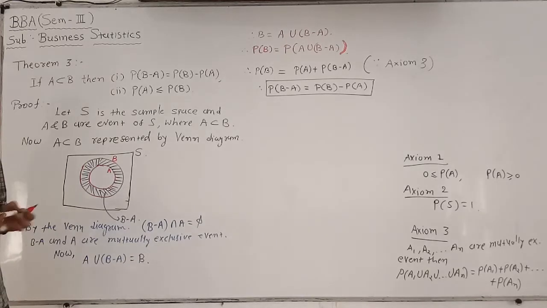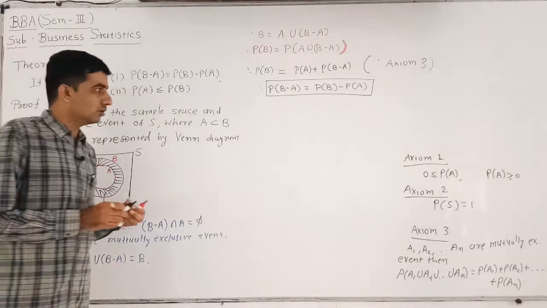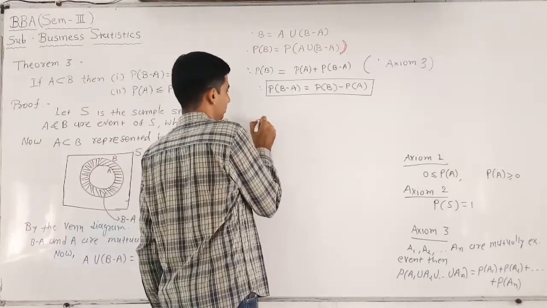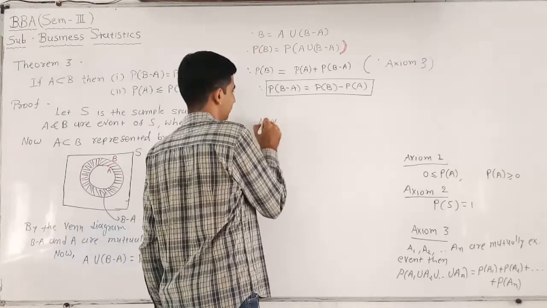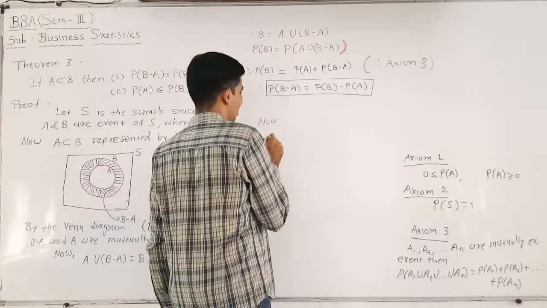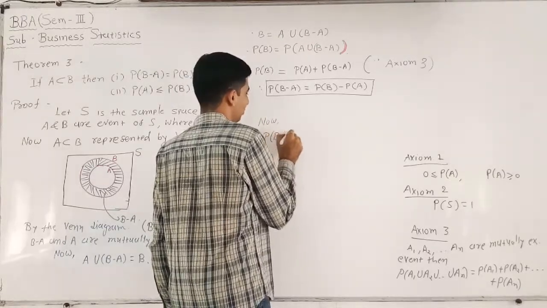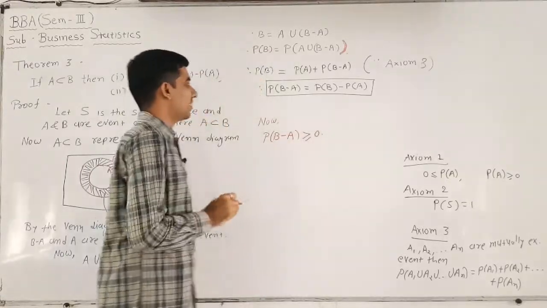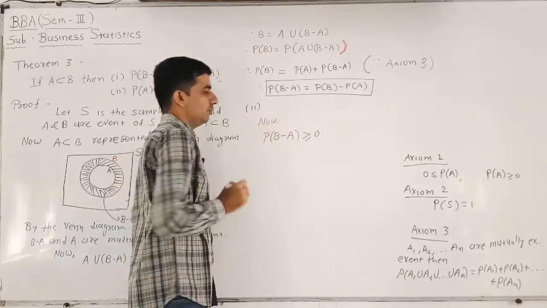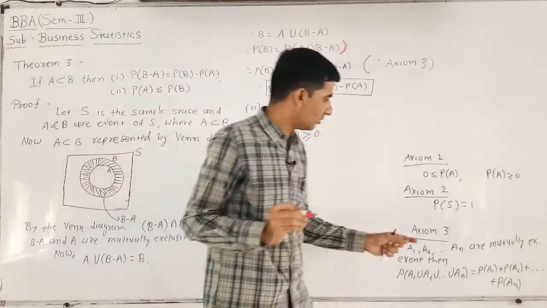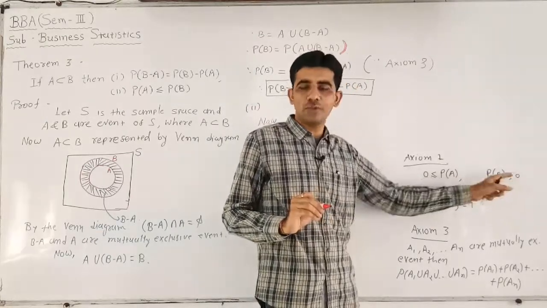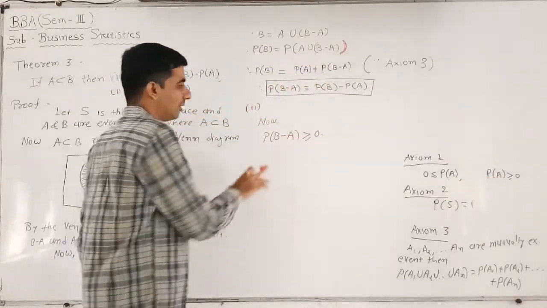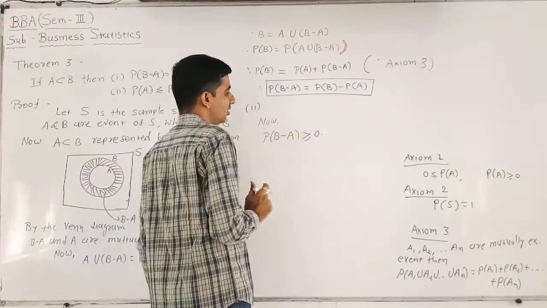So first proof complete. Now second, P of B minus P of A less than or equal to P of B. Now P of B minus A greater than or equal to 0. હવે આપણે આ સેકન્ડ પ્રૂફ આપી છે તો આના માટે P of B minus A. Here we know that P of A greater than or equal to 0. કોઈ પણ ઇવેન્ટ માટે P of A greater than or equal to 0 હંમેશા હોય તો આ પણ કોઈ પણ ઇવેન્ટ છે B minus A તો આના માટે આવું લખી શકાય P of B minus A greater than or equal to 0.